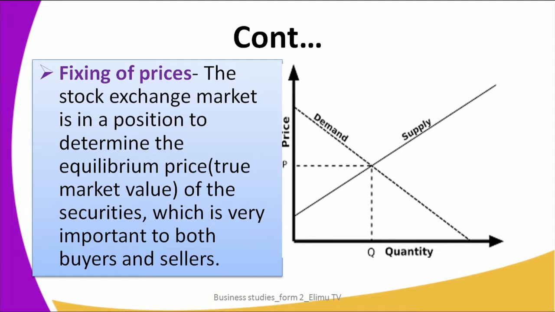Depending on how the investors are demanding the shares, and also on how many shares the companies are offering to be subscribed, the stock exchange market is able to determine the equilibrium price.